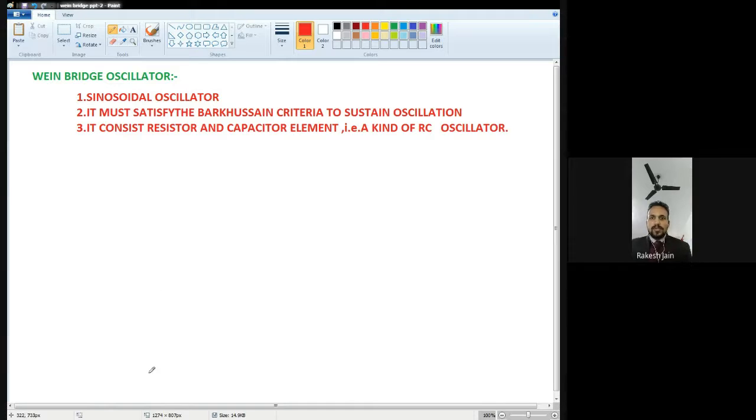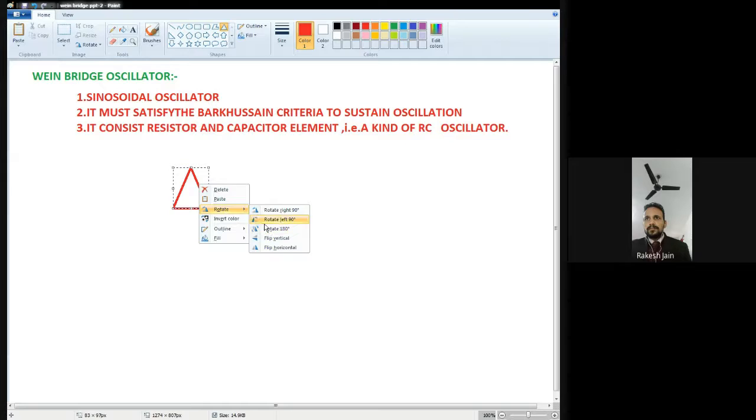Now see the circuit diagram. First of all, this is the basic operational amplifier symbol. This is the inverting input, and this plus sign shows the non-inverting input.